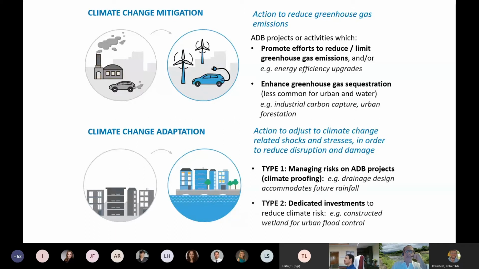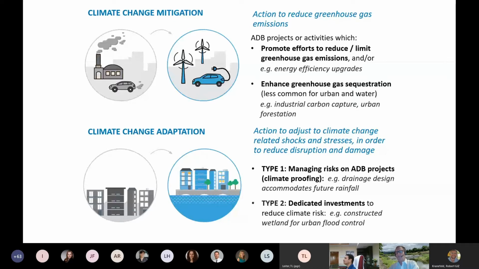For us on mitigation, it's reducing greenhouse gases or sequestration, which in the energy sphere can be carbon capture and storage, and more generally reforestation, the whole REDD discussion. But then when you get to adaptation, it's a lot less straightforward.